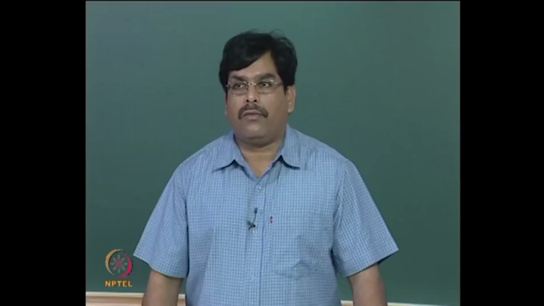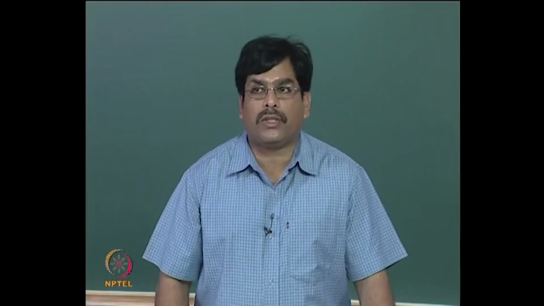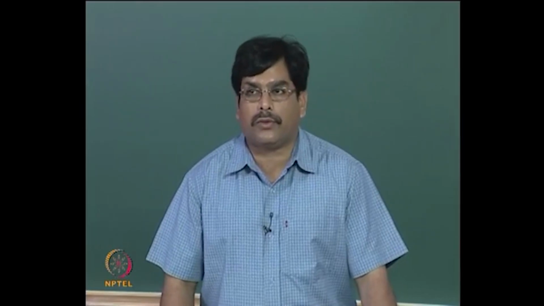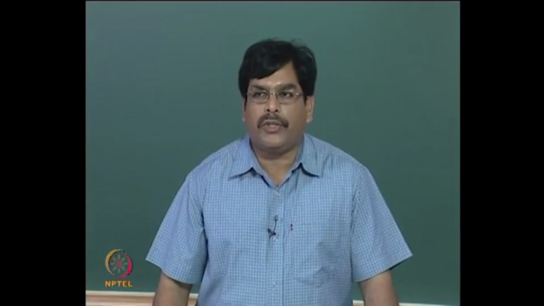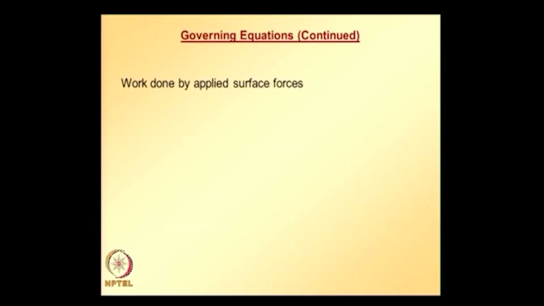As I mentioned, forces can be different kinds of forces: concentrated forces, distributed forces and body forces, but for generality let us assume that the forces are distributed. So, work done by the applied surface forces, this is how W is defined.